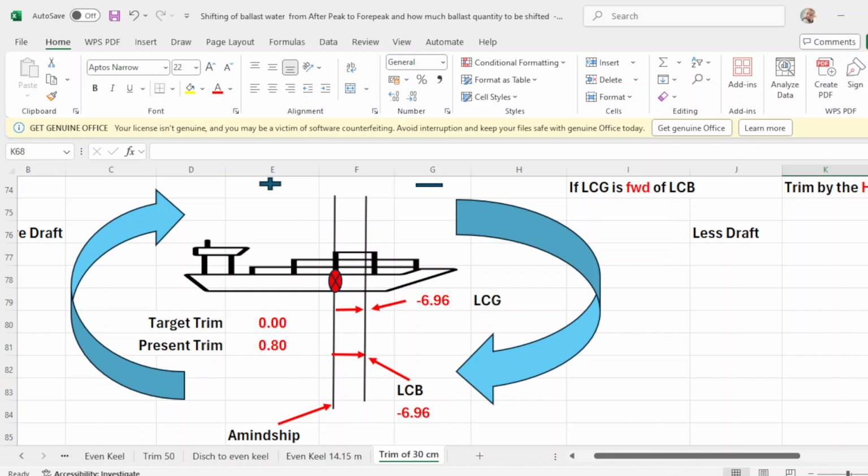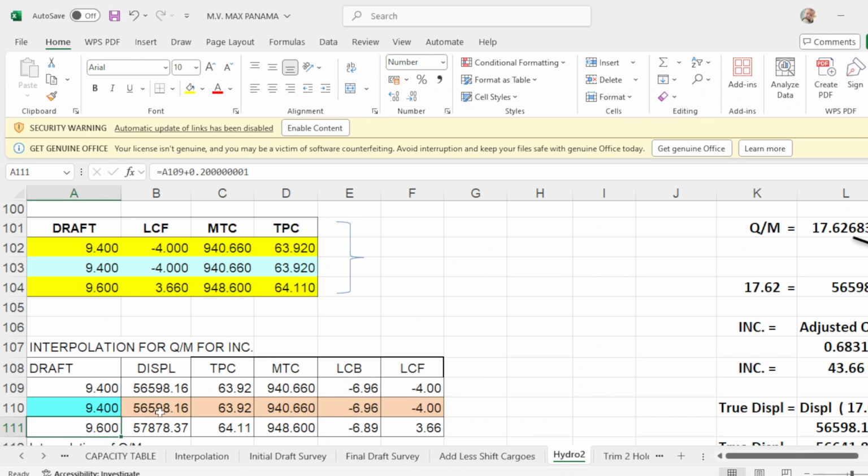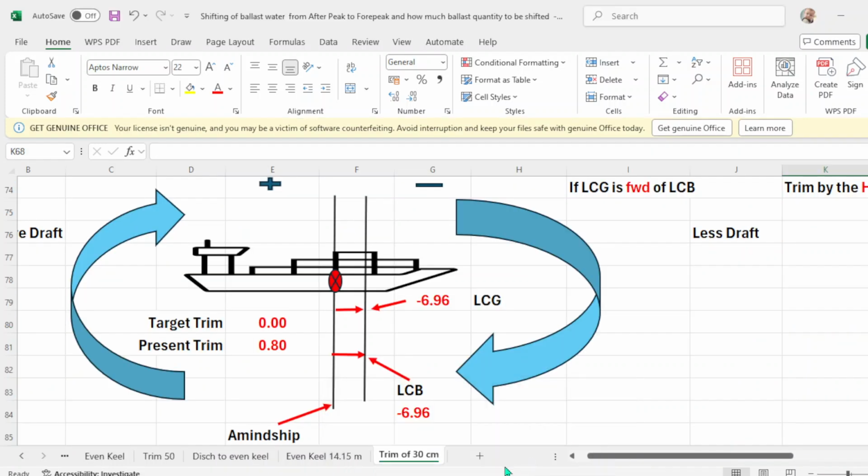And if your LCB is, okay, we go to the program. With your mean drop of 9.44, if your LCB is negative 6.96, you should understand that your LCG would also be negative 6.96 because they are in a position of one line, acting in one line.